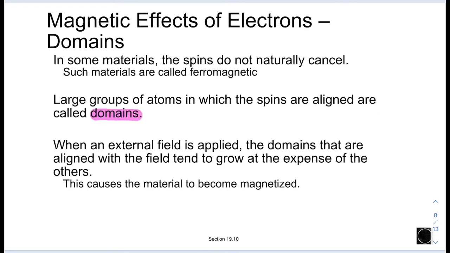So what is a domain? A domain is a large group of atoms where the spins are aligned in the same direction. When an external field is applied, the domains that are aligned with the field tend to grow at the expense of the others. This causes the material to become magnetized, and it is going to show the characteristics of a magnetic material.